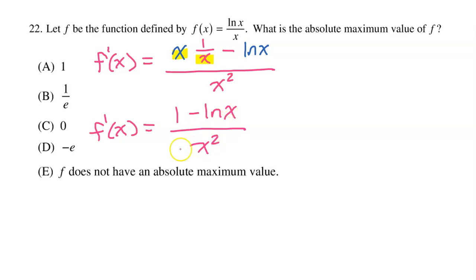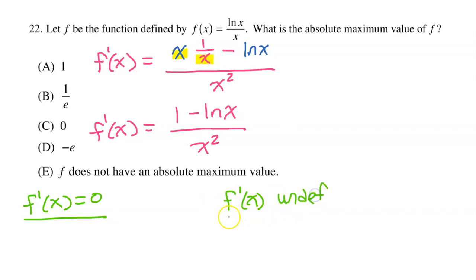To make a sign chart, we need the critical values of f. That means we need to find where f prime is equal to 0 and where f prime is undefined. So f prime will equal 0 when the numerator is equal to 0.